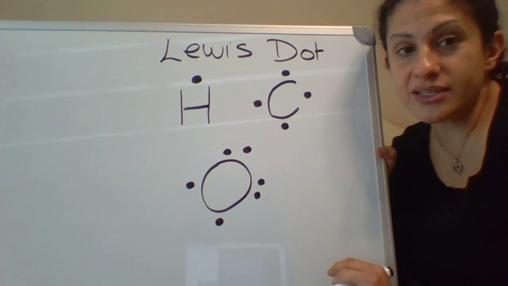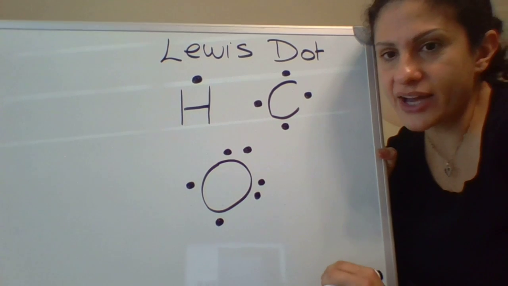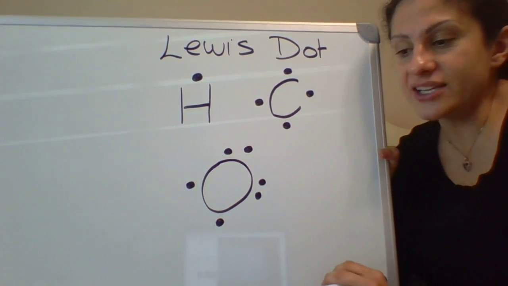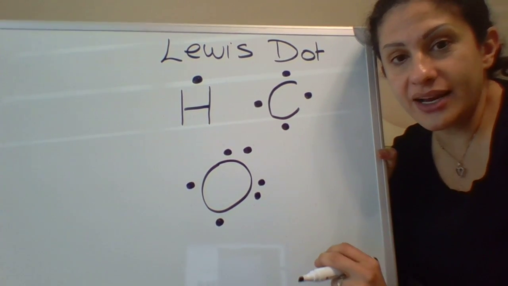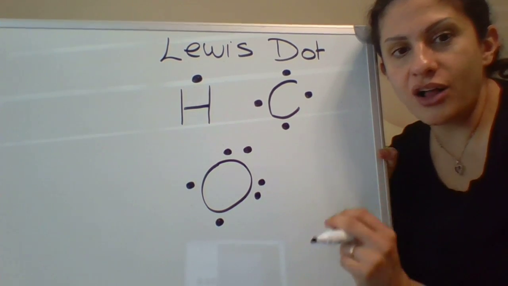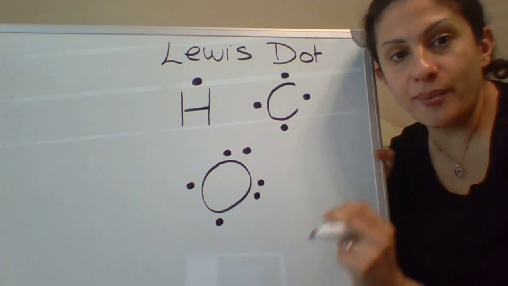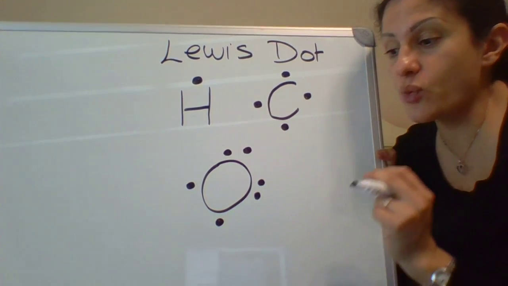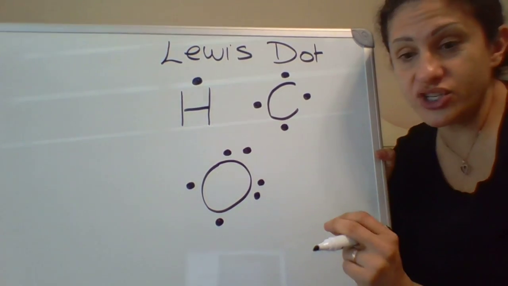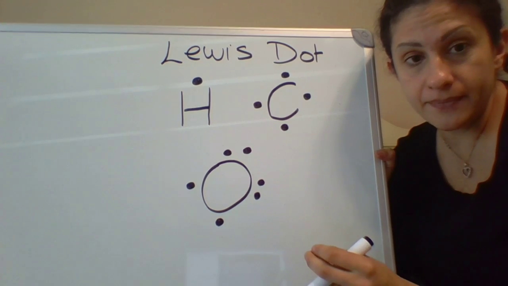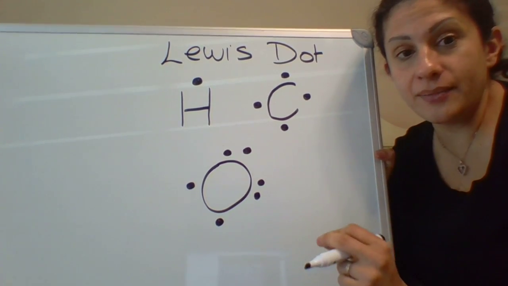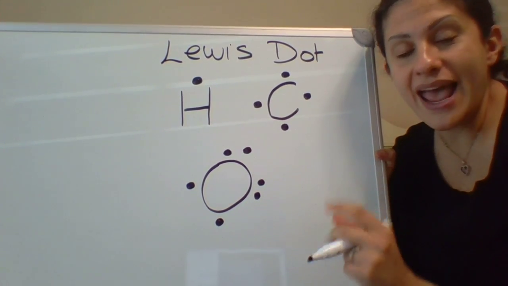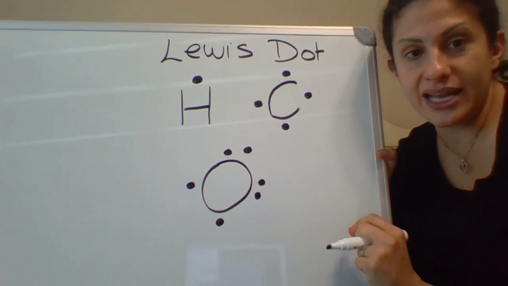What you will notice, and we like trends, we like seeing patterns in science. As you go down a periodic table, they all have the same number of valence electrons. So if you look at period 1, which has hydrogen, lithium, sodium, all elements in period 1 have 1 valence electron.